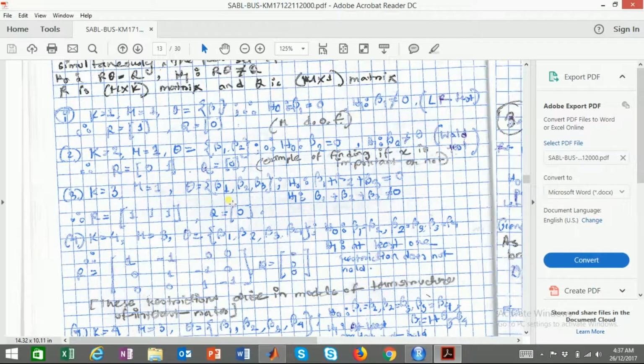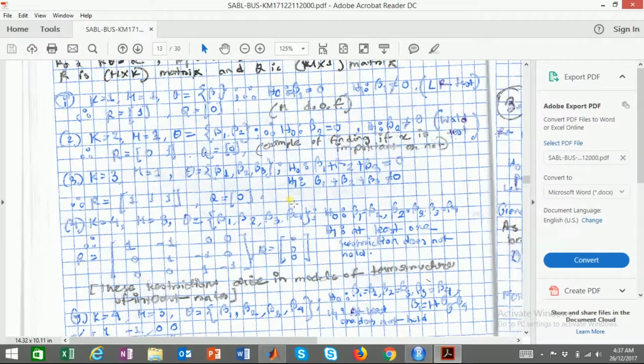So Q again assumes one dimension, 0. In the case of k equal to 4, you have 4 parameters and 3 linear hypotheses you are testing simultaneously. You have 4 parameters, beta 1, beta 2, beta 3 and beta 4, where null is beta 1 equals beta 2, beta 2 equals beta 3, beta 3 equals beta 4. Alternative is at least one of the restrictions does not hold.